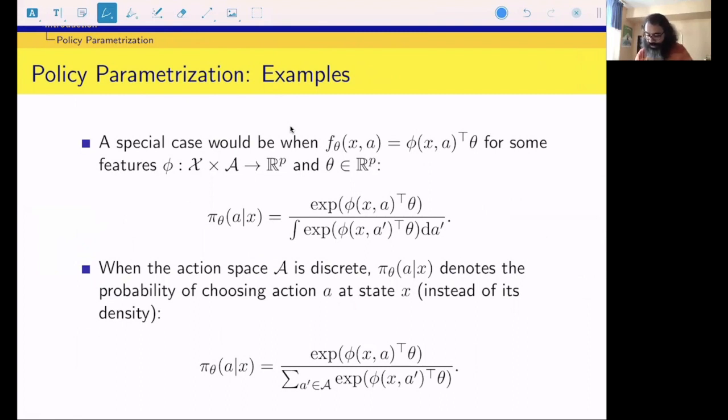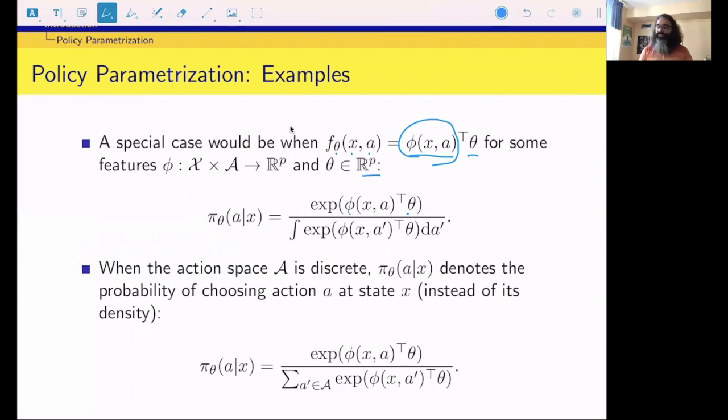If we write f of theta of x and a as phi of x and a times theta, where phi of x and a is a p-dimensional feature vector and theta is a p-dimensional parameter vector, we get essentially a very similar thing, except that I'm replacing f with phi times theta. Of course, based on how we choose phi, we can get very different types of policy parameterizations.